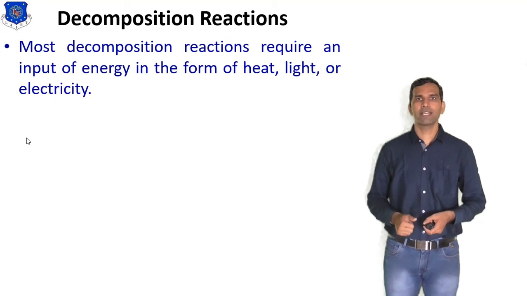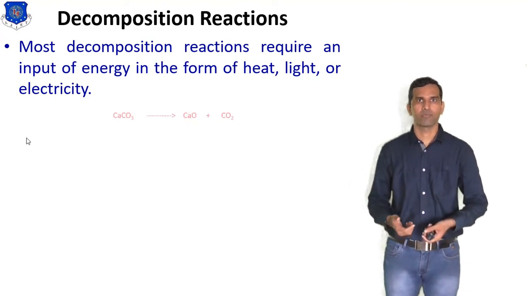Most decomposition reactions require an input of energy in the form of heat, light or electricity. That means here we require some external energy to break one compound into two substances.